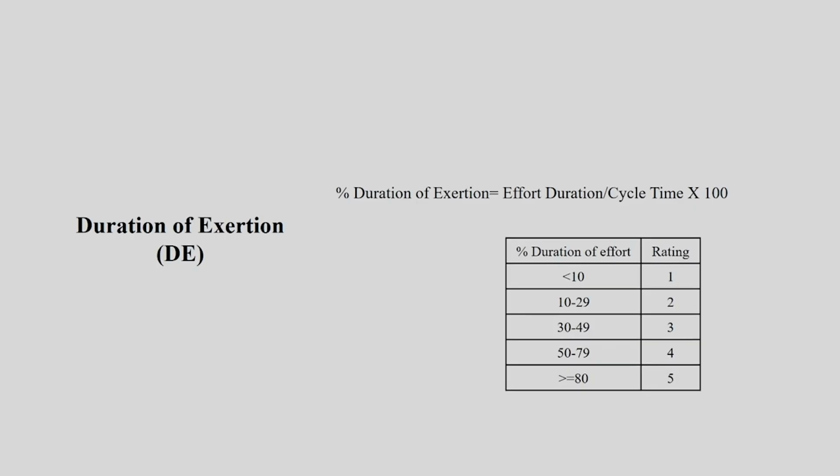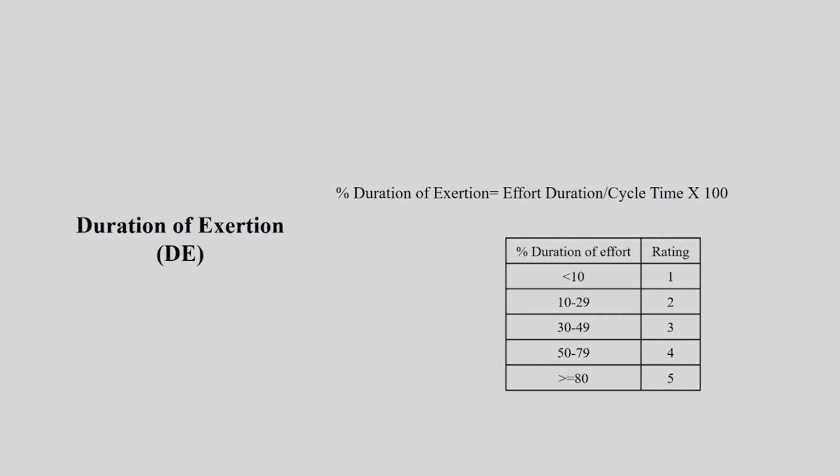Moving to the next element, that is the duration of exertion. How do we calculate it? The calculation is: percentage of duration of exertion is equal to effort duration per cycle time multiplied by 100. So, in the whole thing, how long that particular effort is taking, divided by the whole cycle time, okay, multiplied by 100.